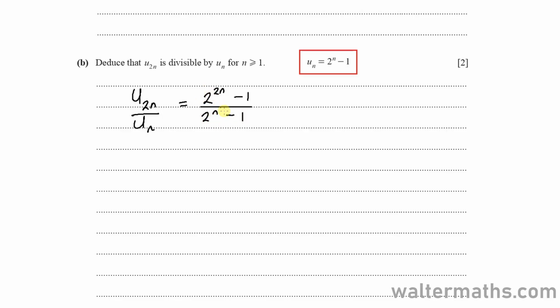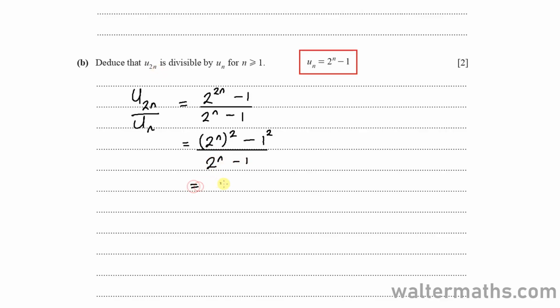So we want to see if the two are divisible or not. Okay, now if you look at the numerator here, you can notice that it's actually a difference of two squares. It's like 2 to the power of n squared minus 1 squared, if we want to write it showing all the squares. And that's over 2 to the power of n minus 1.